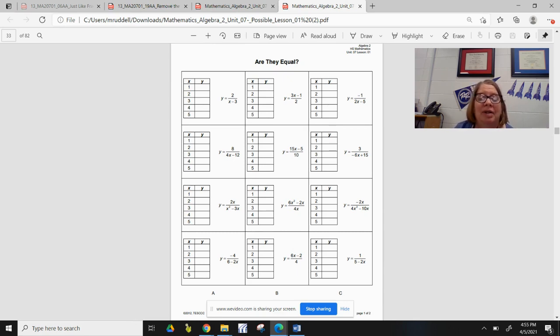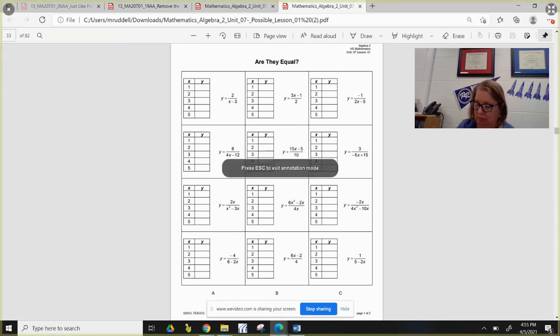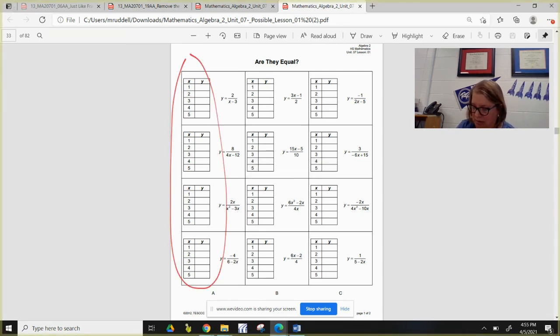But I want you to type in the equation and get the table, and you can get those from Desmos, right? So you're going to type these in. Either do the first column, that's column A, or column B, or column C. You don't have to do all 3. The same thing that happens in column A is going to happen in column B. It's going to happen in column C.